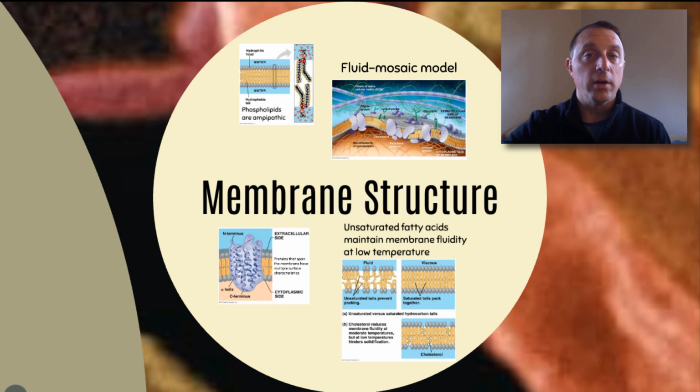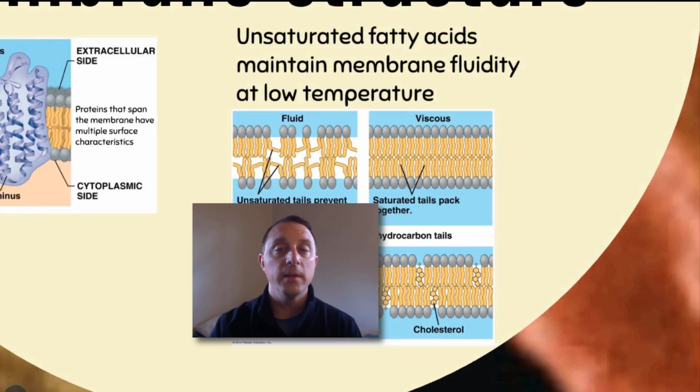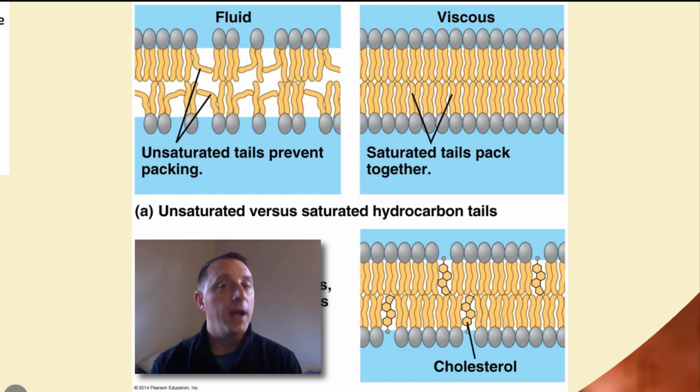One additional important feature of these phospholipids is whether or not the fatty acids are saturated or unsaturated. Remember from the last video in Unit 1, unsaturated fats have carbon-carbon double bonds within the tails. So that introduces a bend in our fatty acid, and what happens is that the phospholipids cannot pack as closely together when the tails have this double bond.